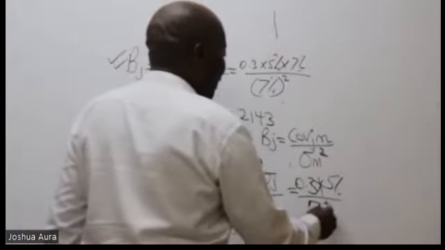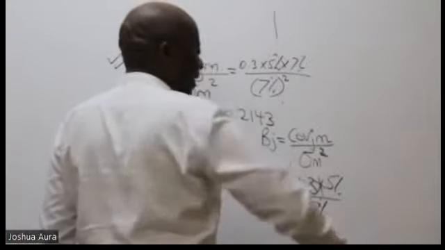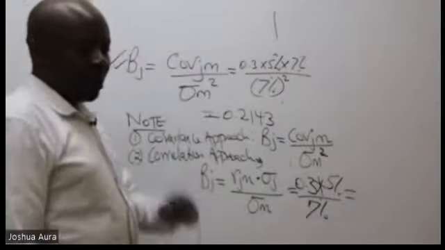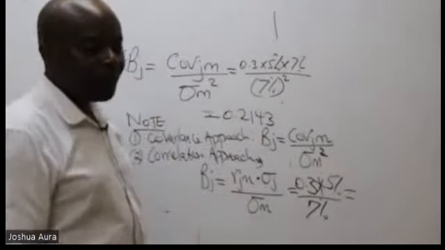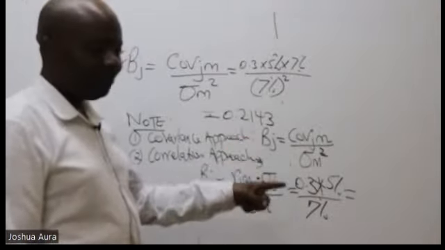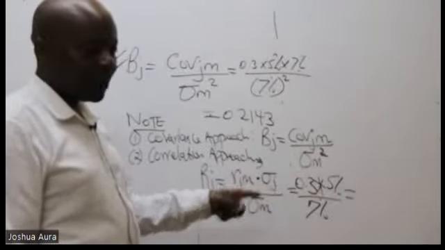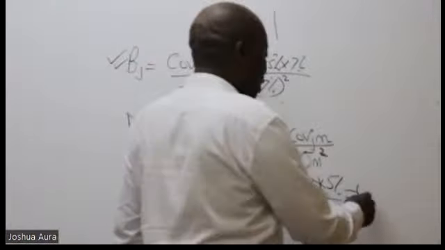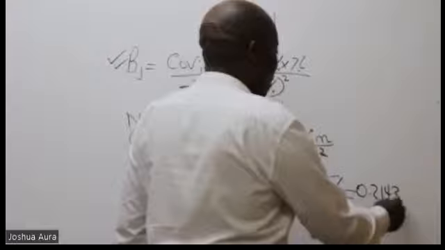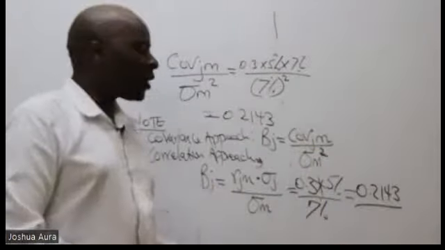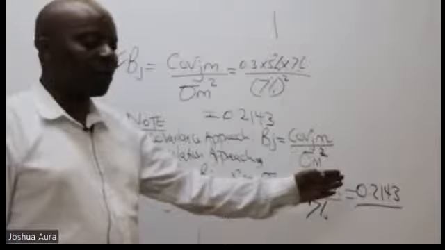I can leave out the percentages because at the end of the day they cancel out, giving me what figure? It will be the same: 0.2143.